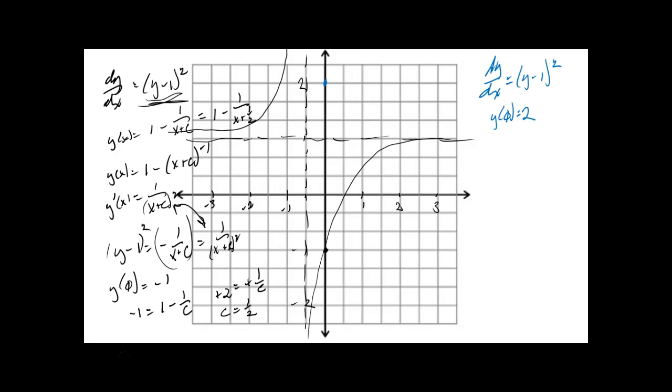Let me make sure of that. Let's say we have our same initial condition here, the same function value here. Y of x is equal to 1 minus (x plus c) to the minus 1.